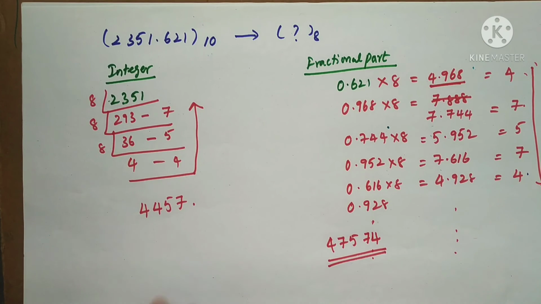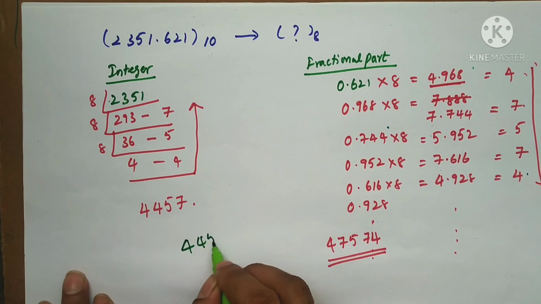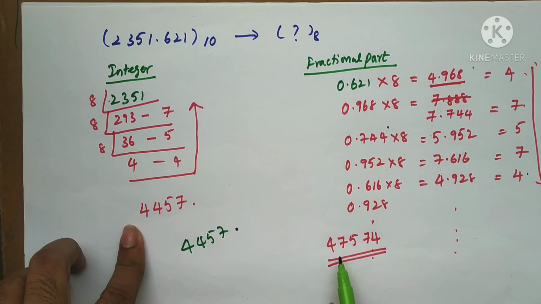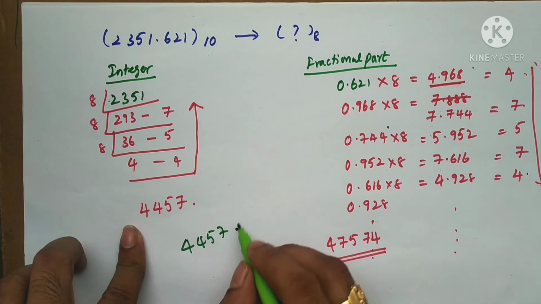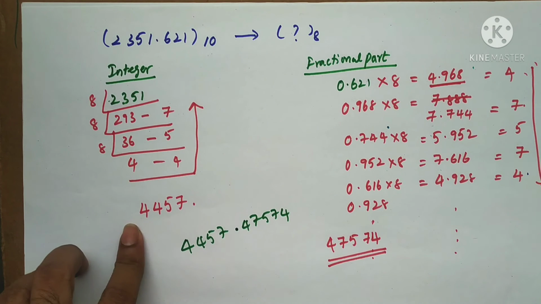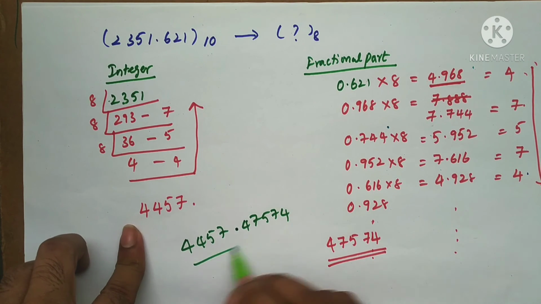So the total answer now is 4457, which came from the integer part, point, and the answer from the fractional part, 47574. So this is the final answer.